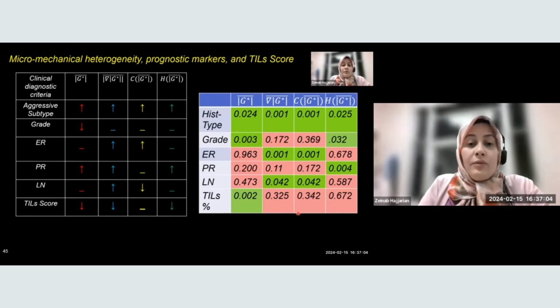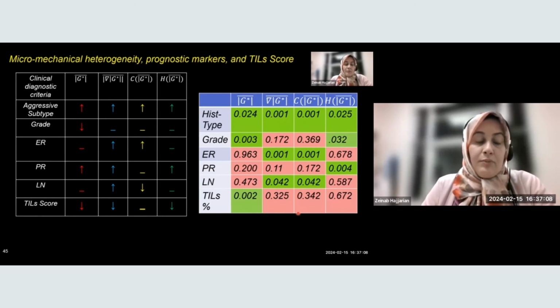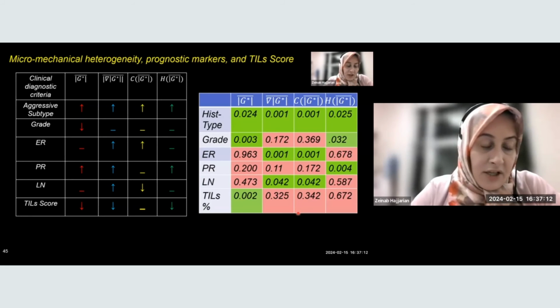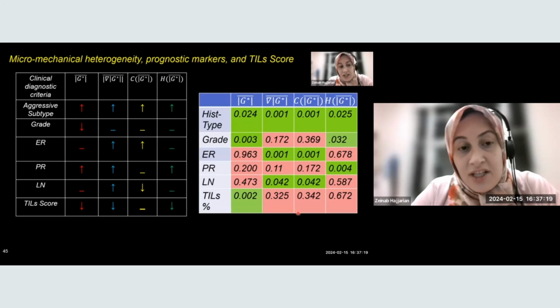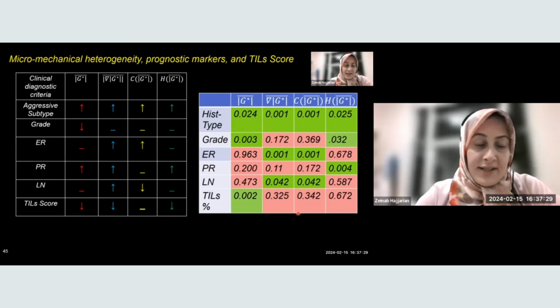So we basically wanted to look into these micromechanical heterogeneity indices and the overall stiffness of the tumor in the context of known prognostic markers, to see if there are any associations between them, and if these micromechanical heterogeneity indices can tell us something about the aggressiveness of the tumor on top of the existing techniques, to better streamline the heterogeneity of the disease or open some new avenues for diagnosis.